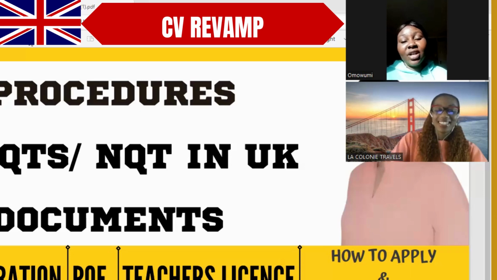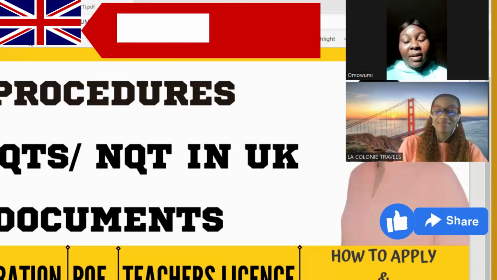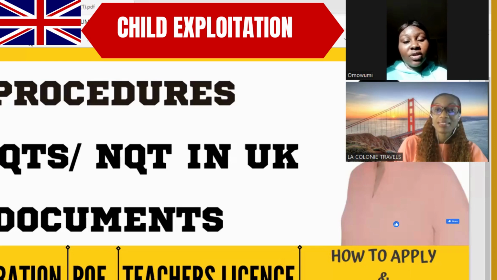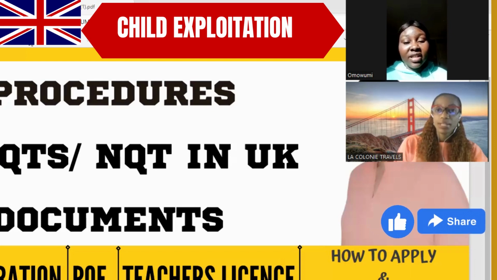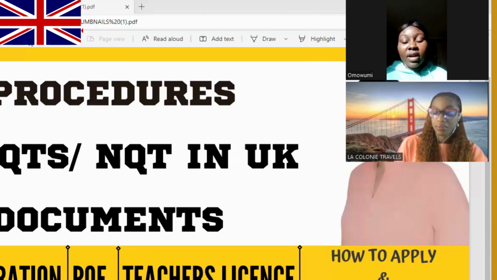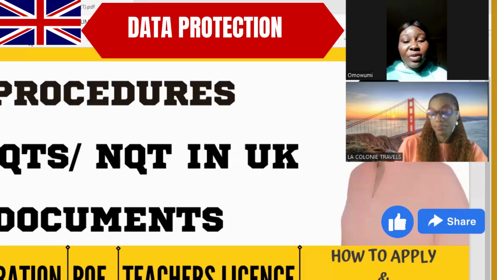And if you have professional training, like safeguarding, child exploitation, they are online e-learning courses. Some you might have to pay a few pounds for, so try and do a few and get the certificate. Safeguarding children, child exploitation, bullying in school, child protection, data protection.